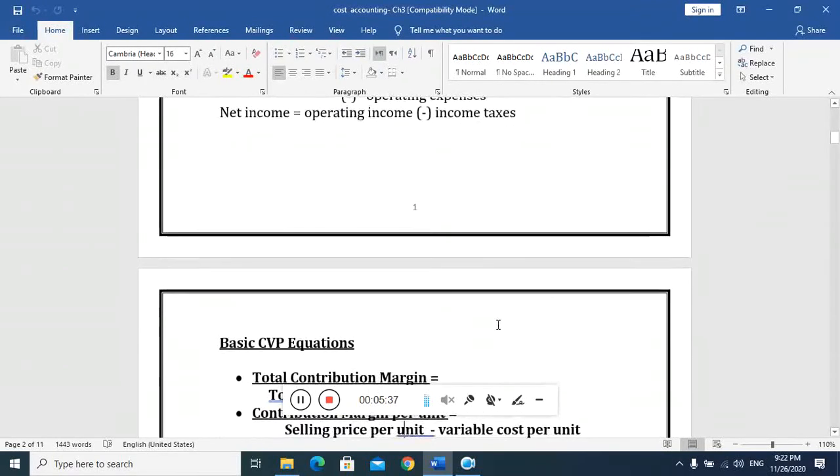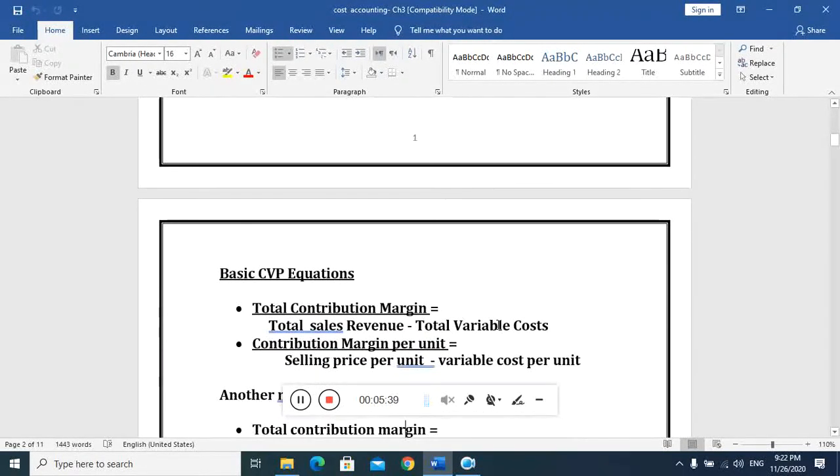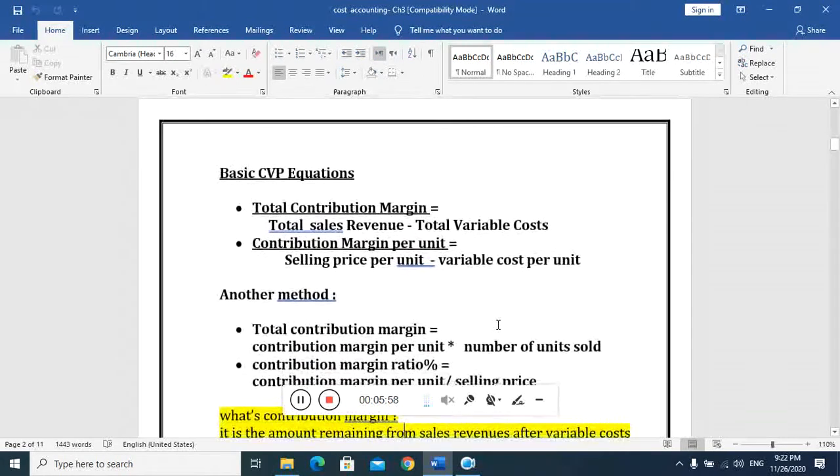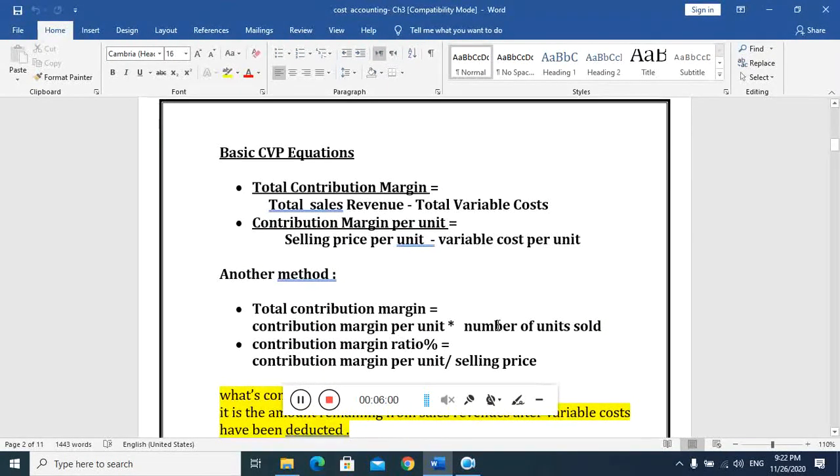Now the basic CVP equations, which we will learn here together and implement in exercises later. The first equation is total contribution margin. What do we mean by the contribution margin? CVP analysis depends on the terminology contribution margin.